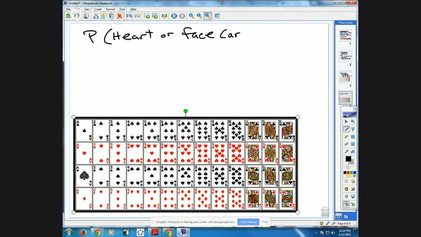Face cards are the ones with faces on them, the jack, the queen, and the king. So I can directly add their separate probabilities if I know they have nothing in common. So is it possible to be a face card and a heart at the same time? And the answer is yeah, we've got this one, and this one. So they do have something in common. So they're not mutually exclusive.